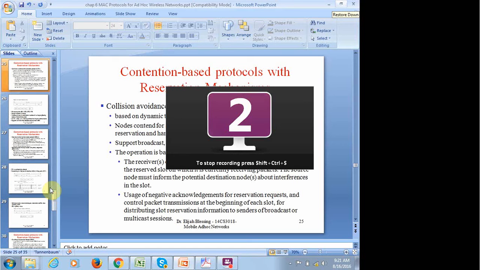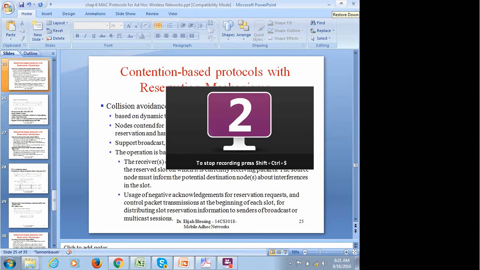Alright. So the concept is the number of slots in each frame should be greater than the number of 2-hop neighboring nodes of the transmitting node. Let me repeat it once again. The number of slots in each frame should be greater than the number of 2-hop neighboring nodes of a transmitting node.